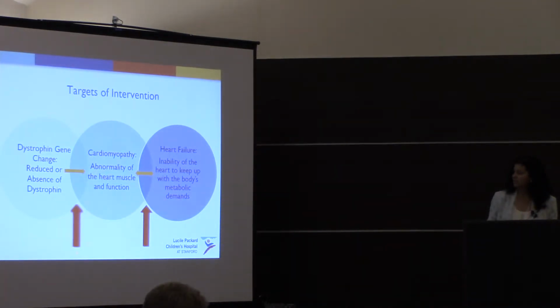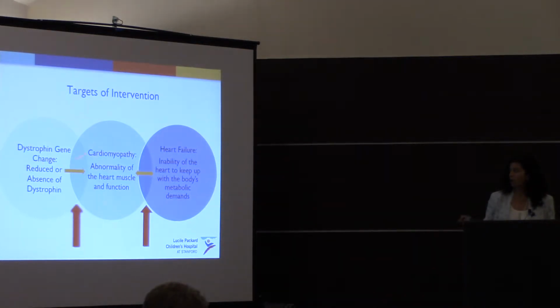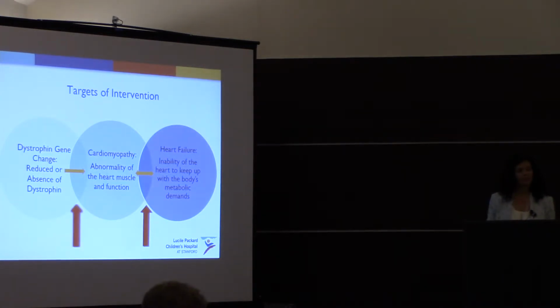And so you can see this arrow here is a bit blurry because, of course, our goal is to interfere here, to prevent the onset of cardiomyopathy from having abnormal dystrophin. But while we're working on this, this is our target as cardiologists in the field: preventing the transition from cardiomyopathy to heart failure. And there are very well-established therapies for this.